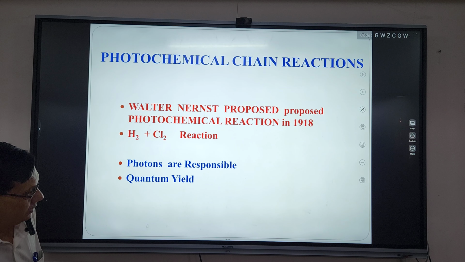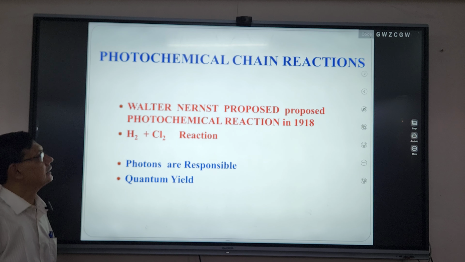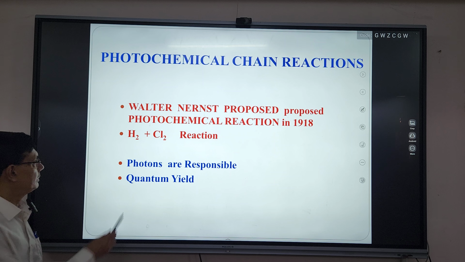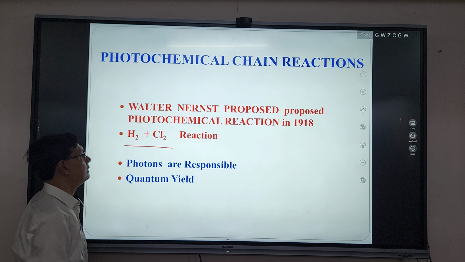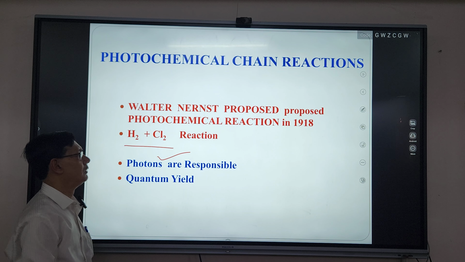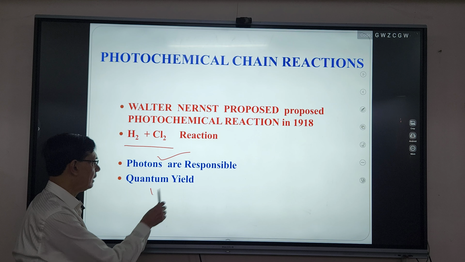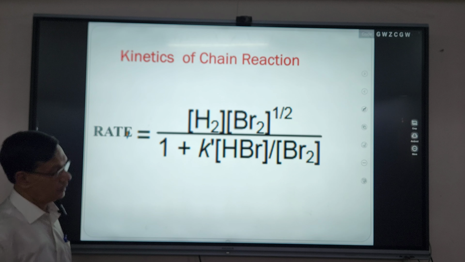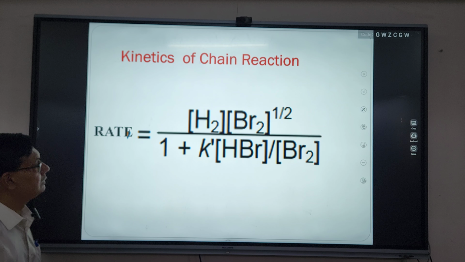Now, the photochemical chain reaction was proposed by Nernst, and they studied the HCl reactions. As I have already told you, photons are responsible for this type of reaction, and quantum yield is to be determined.